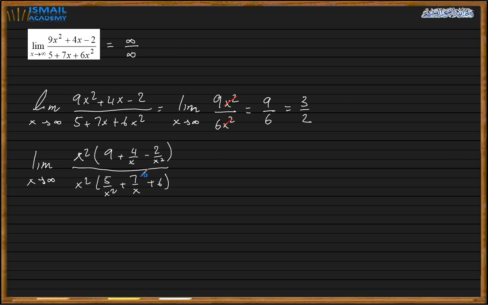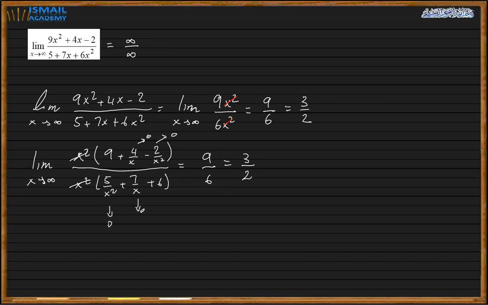When x goes to infinity, those go to 0. So this goes to 0, this goes to 0, this goes to 0. The x squared cancels out. What's left is 9 over 6, which is again 3 half.